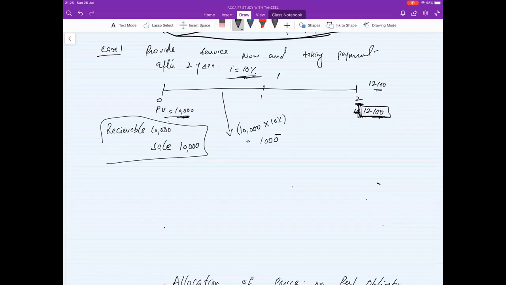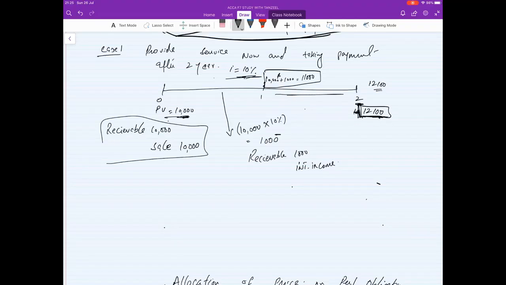So I will pass the entry: receivable 1000 to interest income, because it's an income for me. So by the first year I will have 10,000 plus 1000, which means 11,000 receivable.